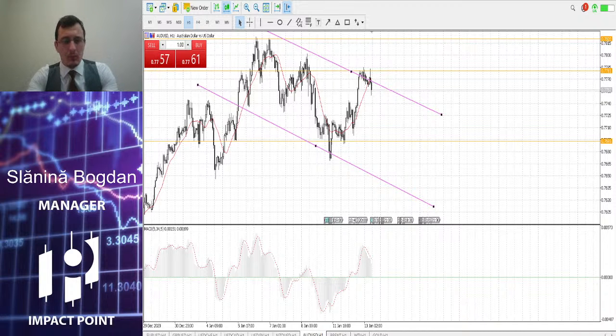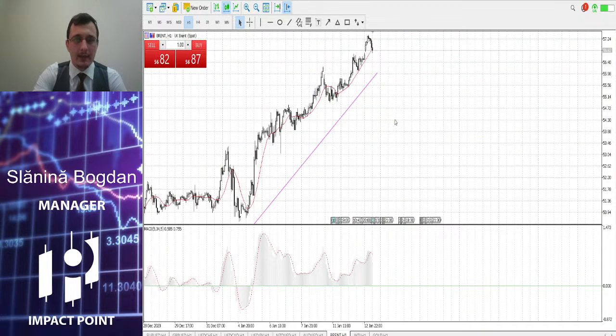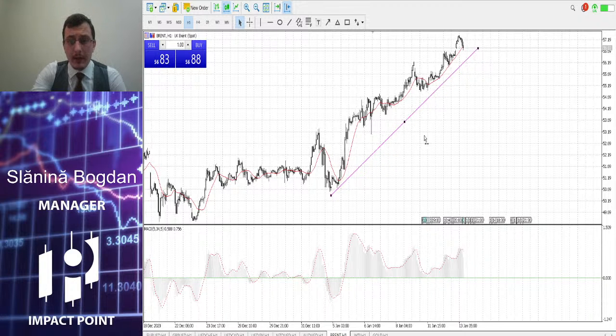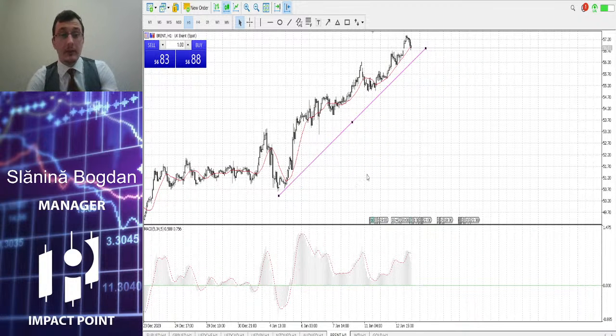And let's move on to our favorite energy pair, I mean Brent, which is a very popular one among traders. Here we see a big rise, and after a big rise we expect a drop, because look here, my dear traders, we have a huge rise, and here we have a huge divergence.